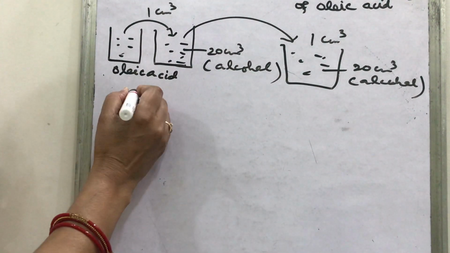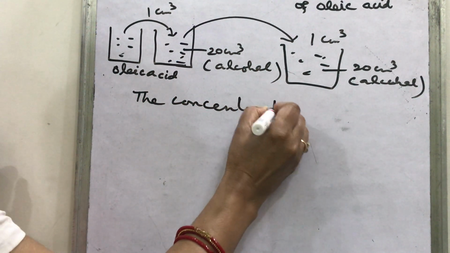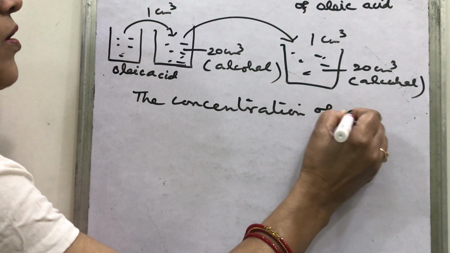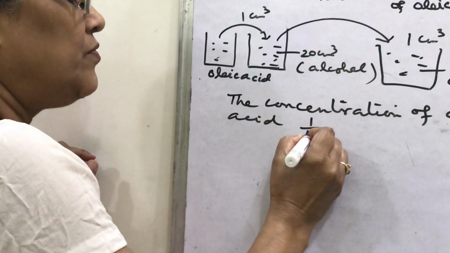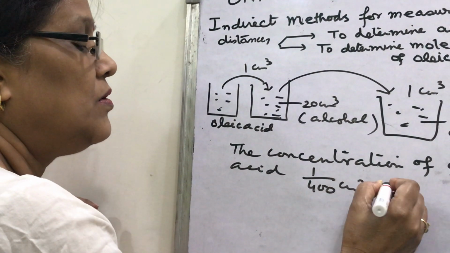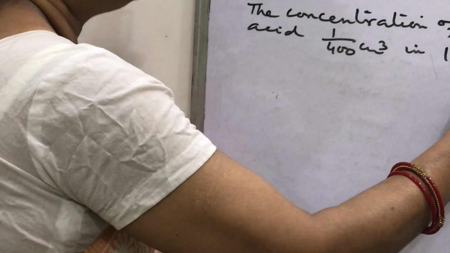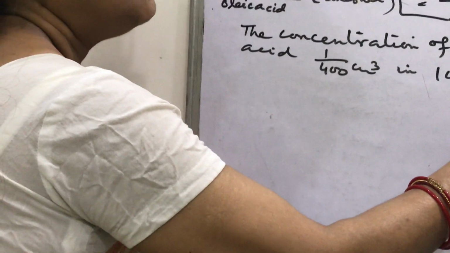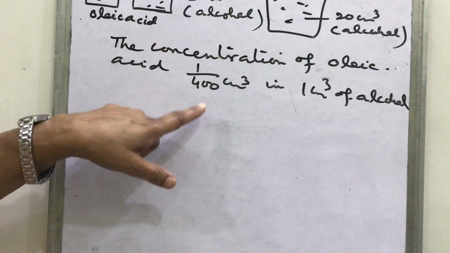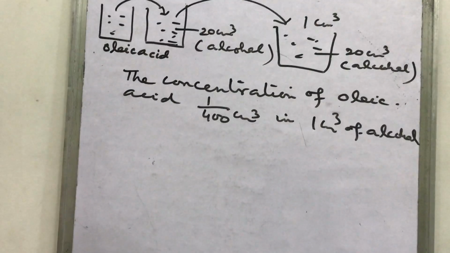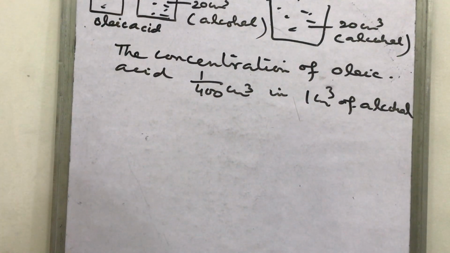So by doing this, you can write that the concentration of oleic acid is 1 upon 400 centimeter cube in 1 centimeter cube of alcohol. Why have you done this? Because you have prepared the concentration for this oleic acid, which is 1/400 centimeter cube in 1 centimeter cube of alcohol.